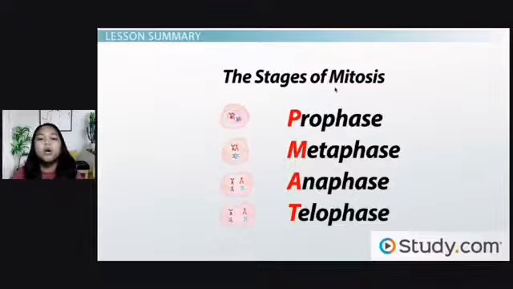Okay, so another thing would be, the products of your mitosis would be 2 daughter cells that are both diploid. Okay, both diploid 2 daughter cells. That means they both have the equal set of chromosomes as what the parents had. Okay, so if this is a human, meron po tayong 46 chromosomes in our cells. And so if it is a cell that is produced through mitosis, there should be 46 chromosomes inside that cell. Okay, so mitosis can produce 2 daughter cells that are both diploid. In meiosis, on the other hand, it can produce 4 daughter cells that are just haploid.